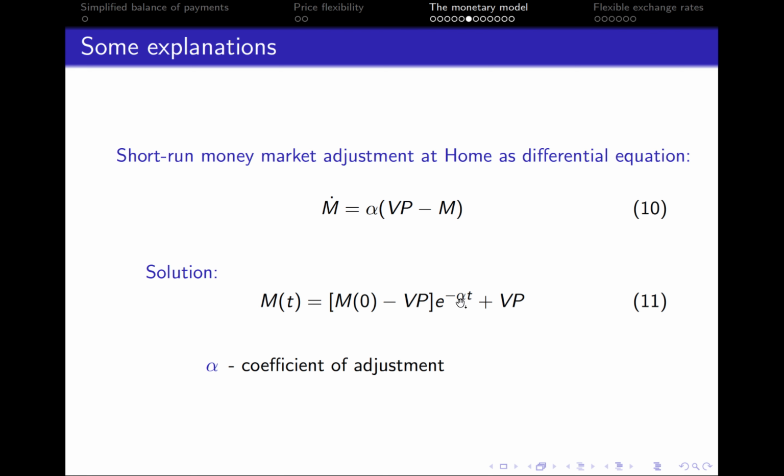And of course, the speed of adjustment depends on the coefficient of adjustment. So every time there is a disparity between the two, it will diminish over time. We have convergence because alpha is positive, and the bigger the coefficient of adjustment, the faster it is going to happen.